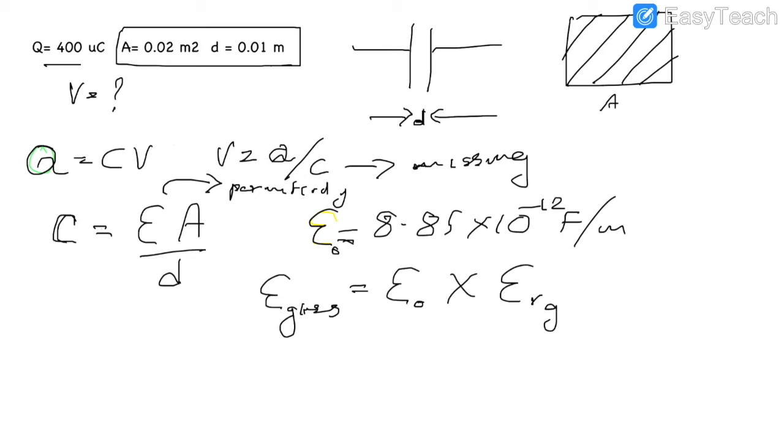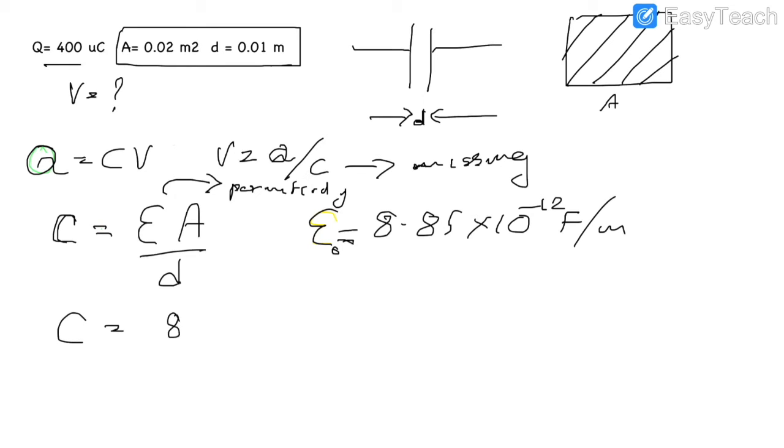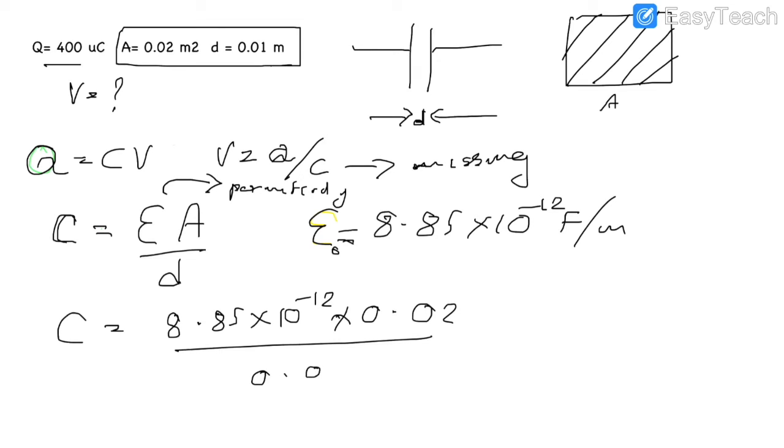All right, so now we know our epsilon, and we know A given in the problem, 0.02 meters squared, and we know our d. So we can easily find C: 8.85 times 10 to the power minus 12 times 0.02 divided by 0.01.